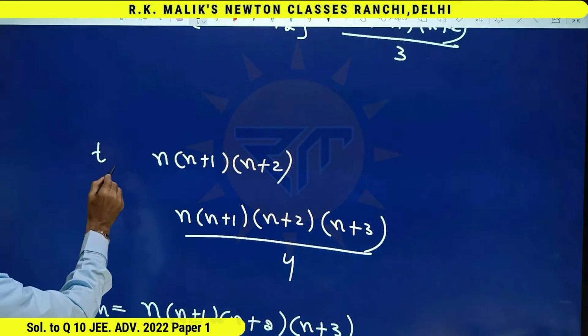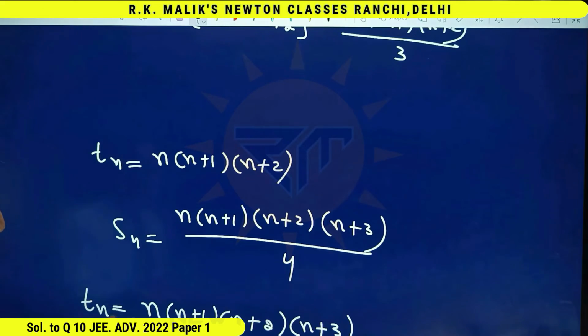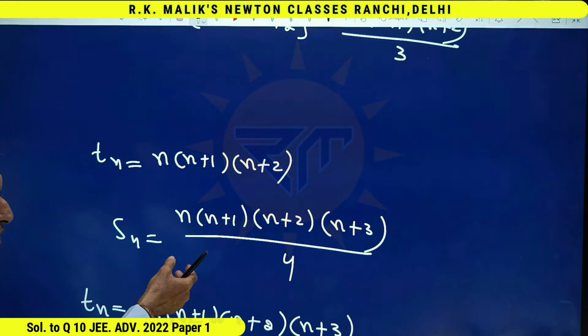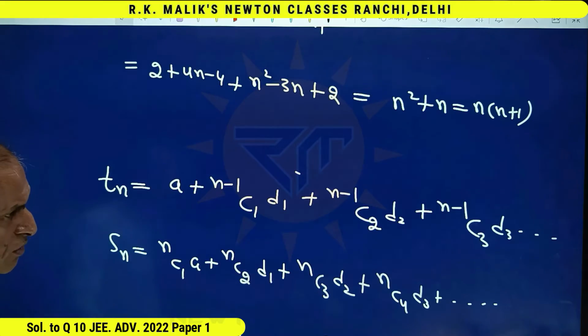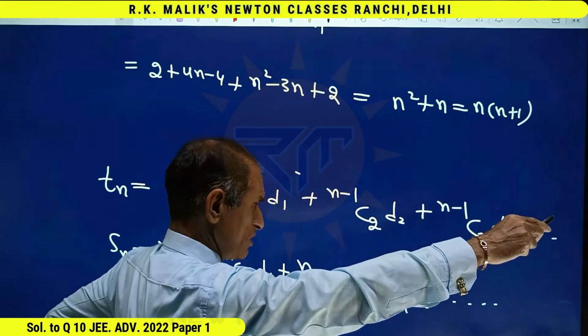If this is Tn, this will be Sn. The complete logic and complete theory of questions of this type, and more questions with slightly changed form, all those cases I have discussed in my video lecture of sequence and series of JEE level. Note that here D3 and further all were 0.